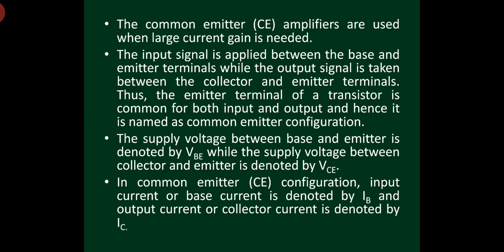The supply voltage between base and emitter is denoted by VBE, or it is the voltage developed across base and emitter, while the supply voltage between collector and emitter is denoted by VCE, or it is the voltage developed across the collector and emitter region, right? In the common emitter configuration, the input current is the base current denoted by IB, and the output current is the collector current denoted by IC, right?